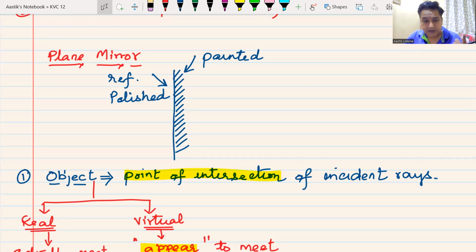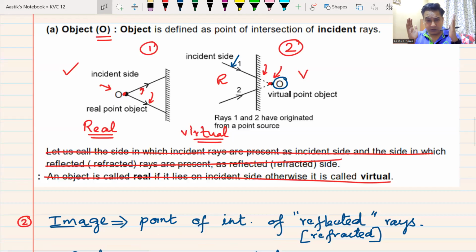We had seen that two types of objects are there and two types of images are there. Object is the point of intersection of incident rays. Remember, there will always be two rays in the discussion that we are doing. One would be the incident ray and the other would be the reflected ray in case of reflection, or the transmitted or refracted ray in case of refraction.